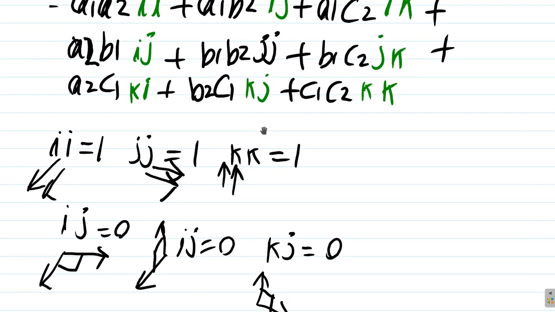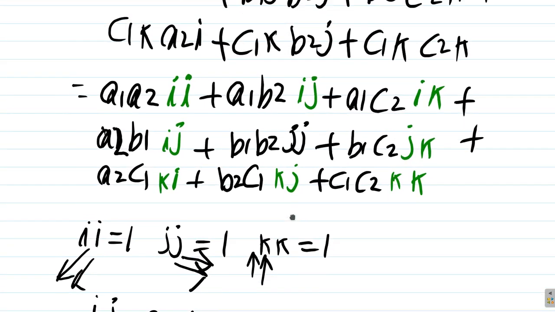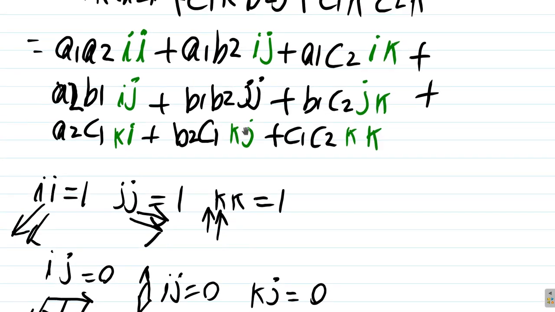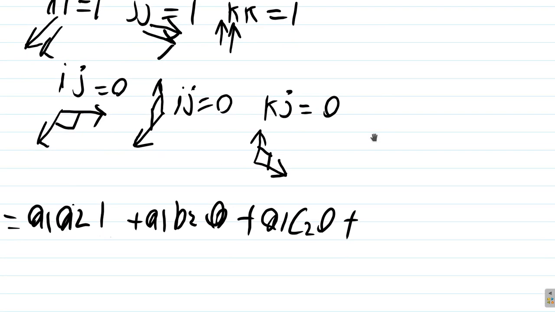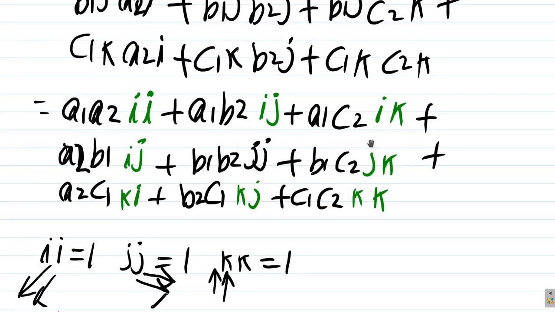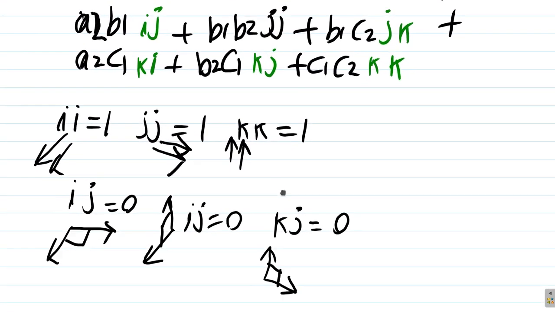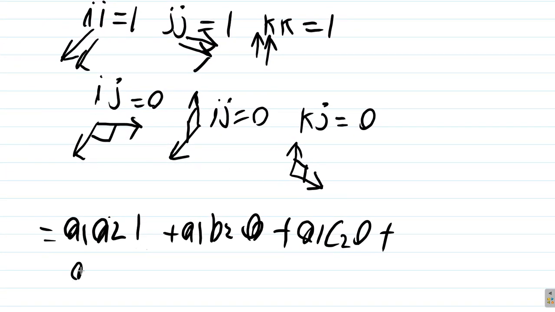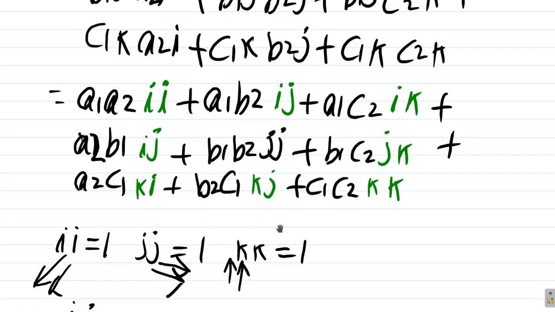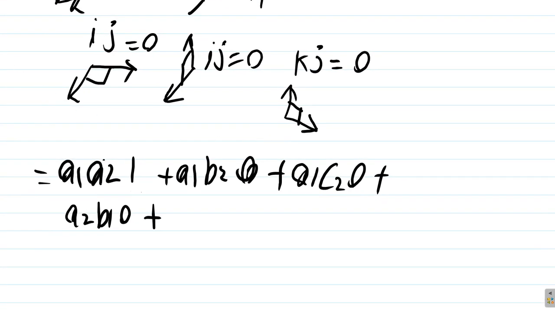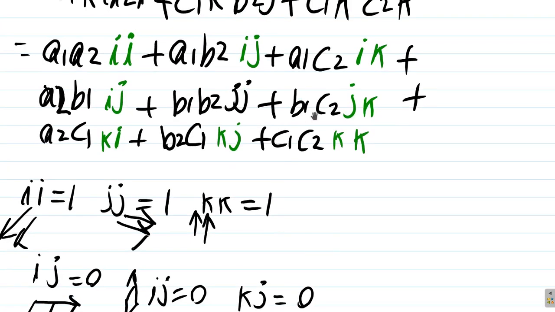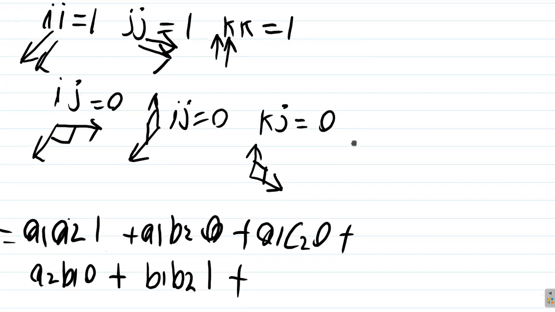Alright, now here A1, A2 times 1. A1, B2, 0. A1, C2, 0. Right. And then after this, A2, B1, IJ. So it's A2, B1, IJ is 0 plus B1, B2, JJ. So JJ is 1. B1, B2 times 1 plus, and then B1, C2, JK.